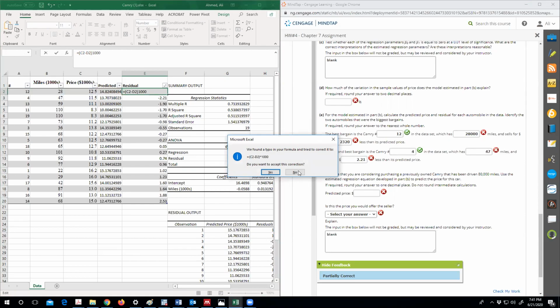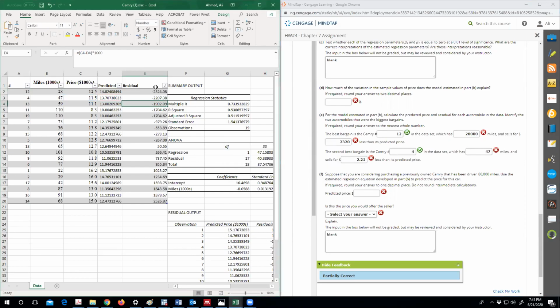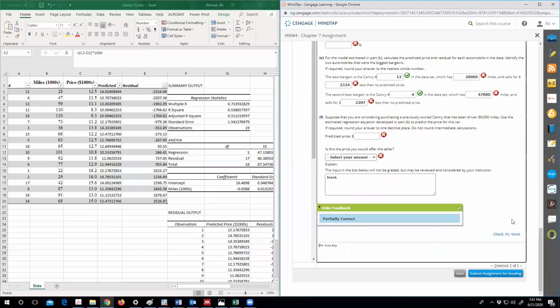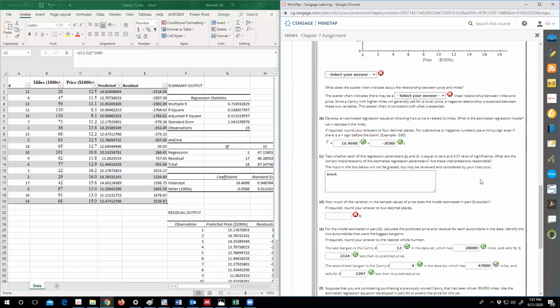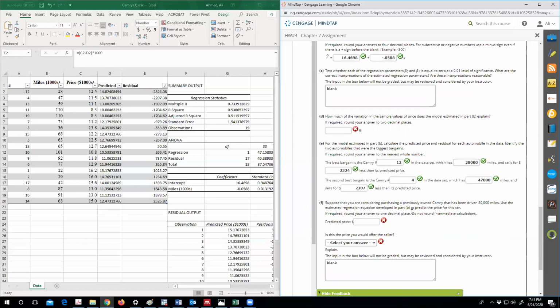Because it would usually say to make sure to do that in the problem. 23, 24. And then this would be 4,700 or 47,000. Let's see. So this is what they actually want. So this was a little bit crazy.